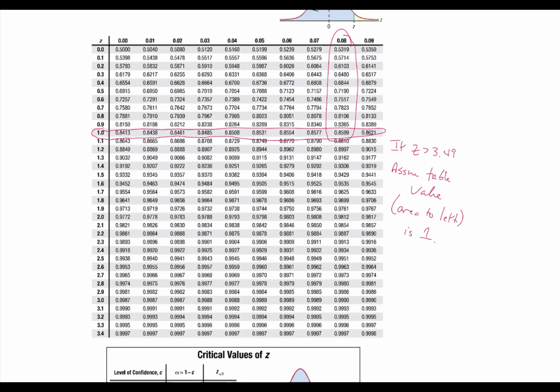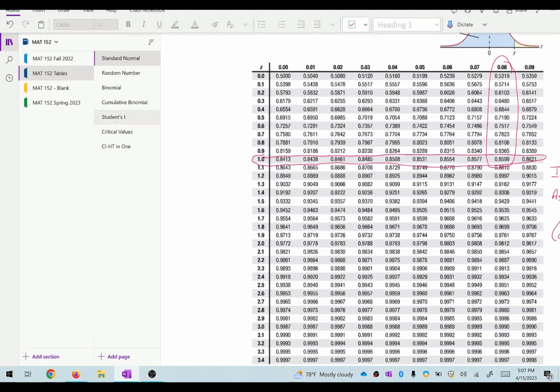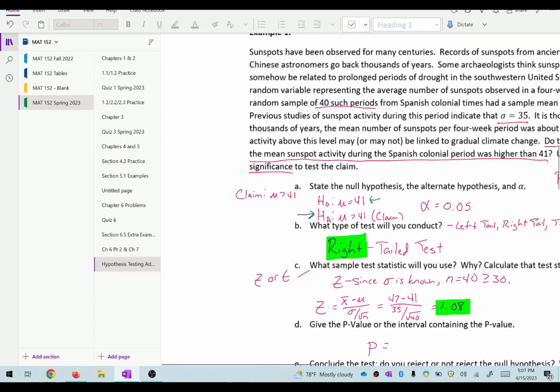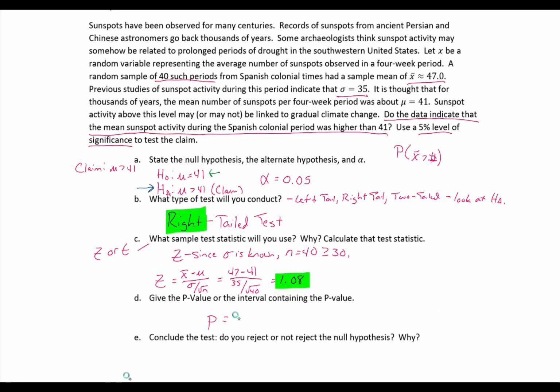Our number on the table is 0.8599. Because we want area to the right, it's going to be 1 minus that number. So 1 minus 0.8599 is 0.1401. So our p-value in this case is 0.1401.